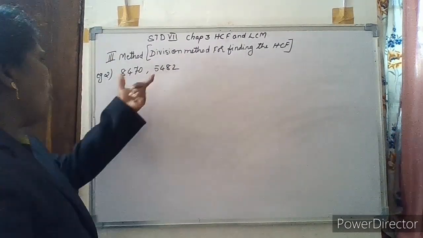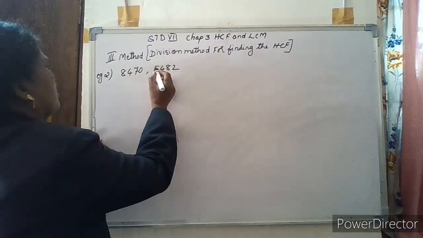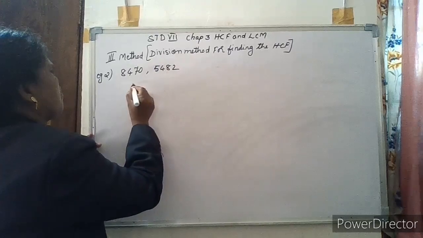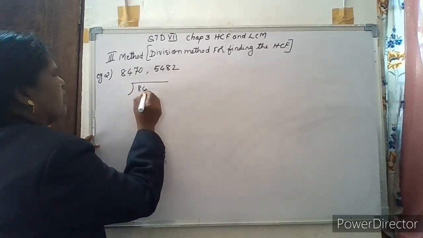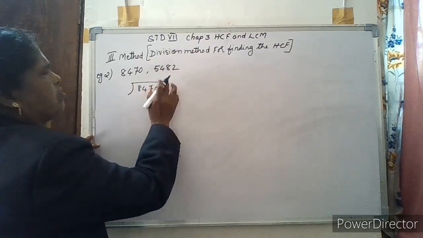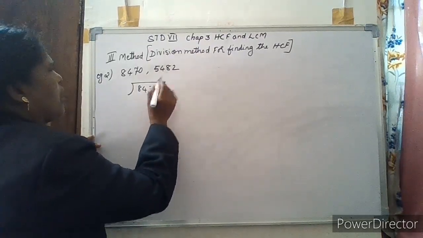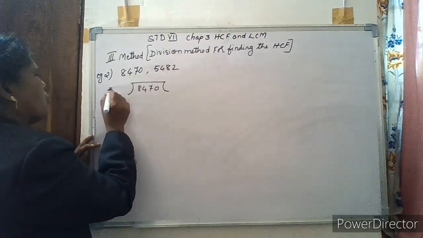You have to choose only the bigger number as the dividend, inside, and take the smaller number outside.